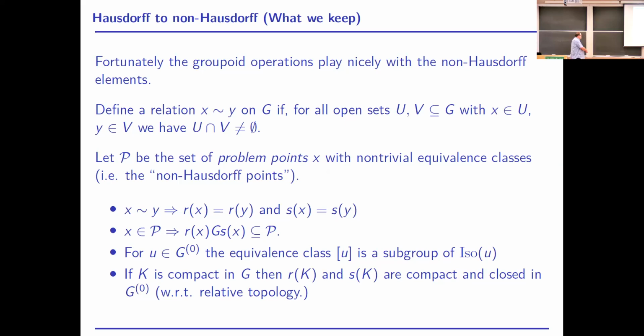For u in G0, for a unit, the equivalence class of u is a subgroup of the isotropy group.